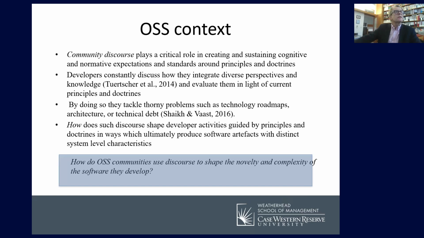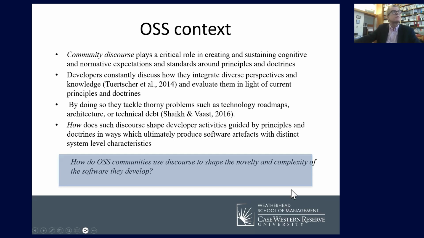Now, how do you actually shape those doctrines? They don't come out of thin air. These are community products. So how do they emerge? And we posit that they actually emerge through talk. People talk when they write software, before they start writing the software, and when they evaluate the software. They build a certain type of discourse, and that discourse plays a critical role in sustaining these cognitive and normative expectations and establishing the standards around principles and doctrines.